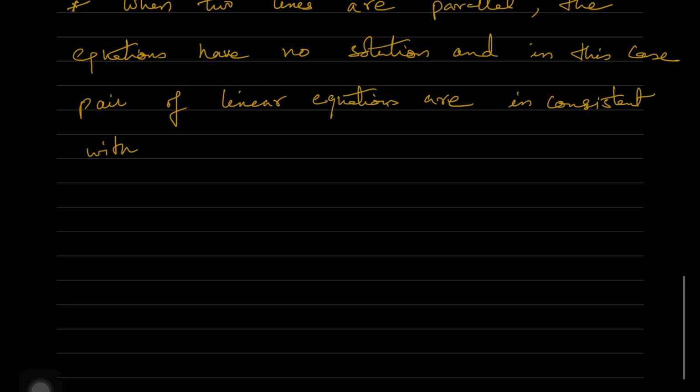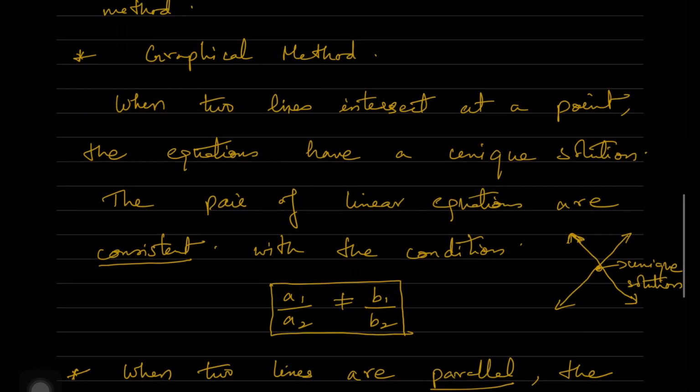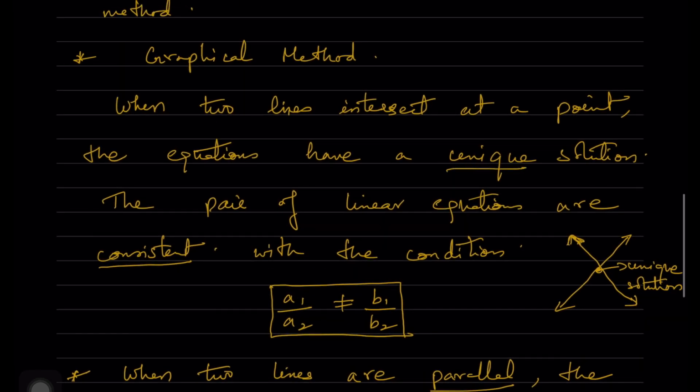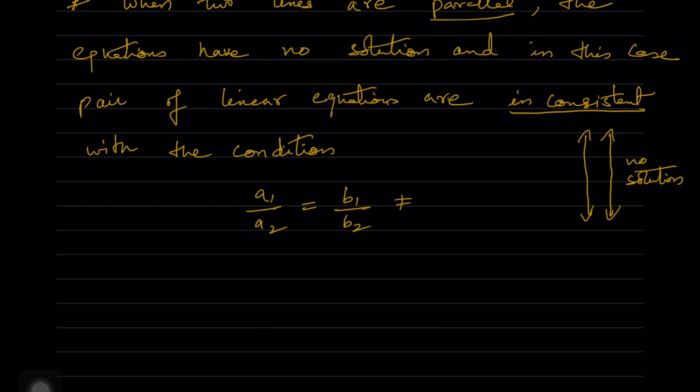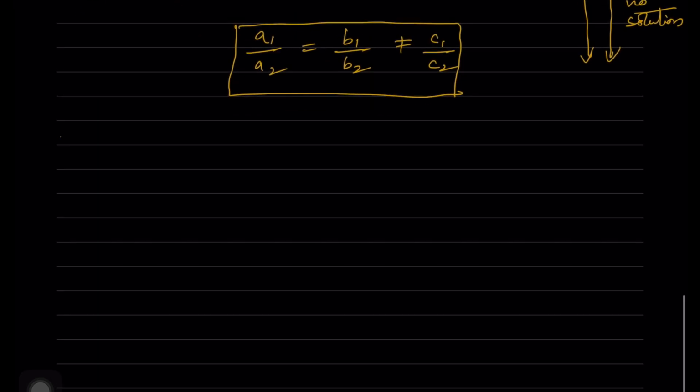And here the condition is a1 by a2 is equal to b1 by b2 is not equal to c1 by c2. So parallel lines we can take here like this. You will get two parallel lines where these two lines will never meet at any point. So therefore there is no solution obviously. If the two lines are given, you can see whether this is happening, that is a1 by a2 is equal to b1 by b2 is not equal to c1 by c2.